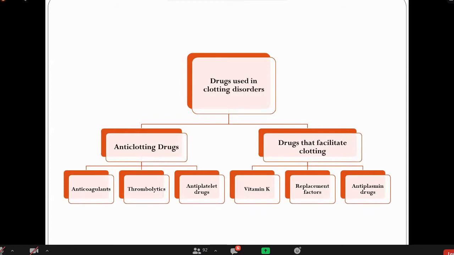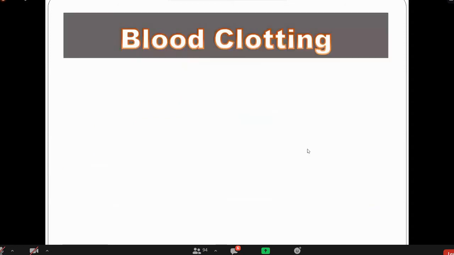As you know, if a clot is formed, it's a disease phenomenon. It can obstruct the vessel lumen, right? And then there are drugs that facilitate clotting, like vitamin K, replacement factors, and antiplasmin drugs. So these are the main groups and the main classification: anti-clotting drugs as well as drugs that facilitate clotting.